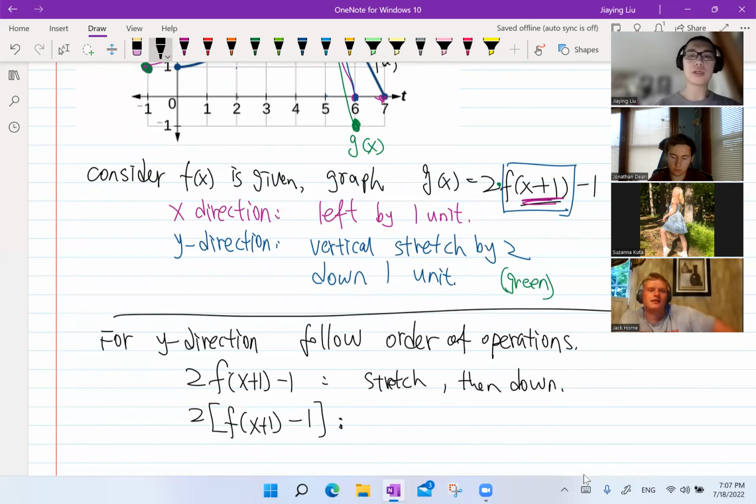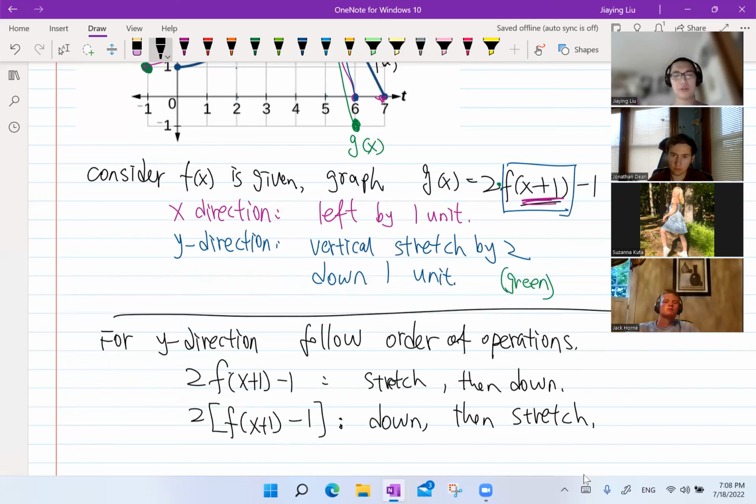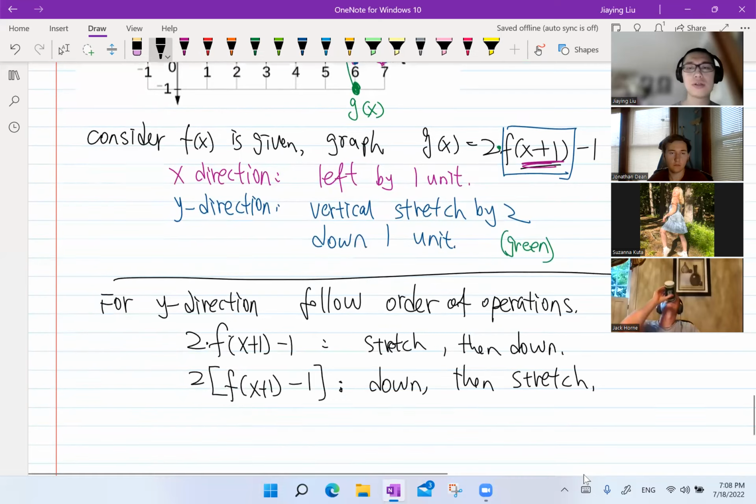So that's going to be down 1 unit first, and then we're going to stretch. So that's in the y direction. You have to be careful with the parentheses. If there are no parentheses, you just do the multiplication, then addition and subtraction. Right.